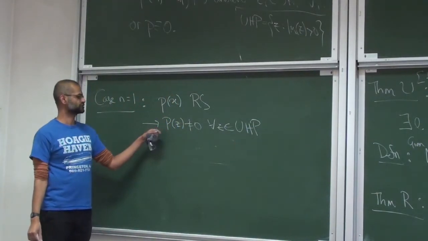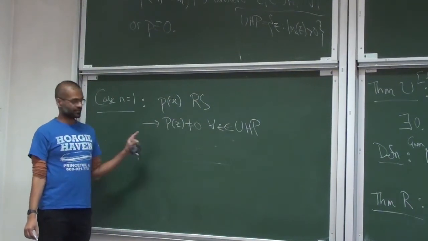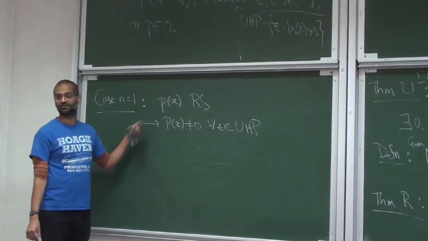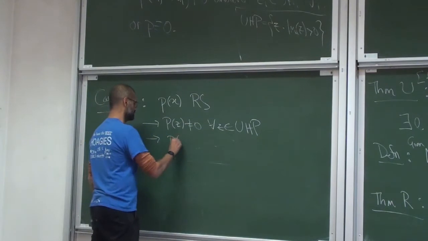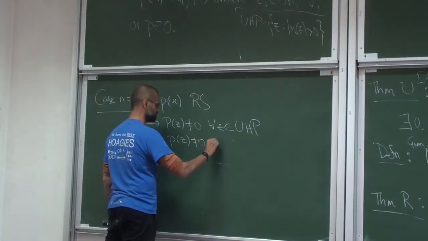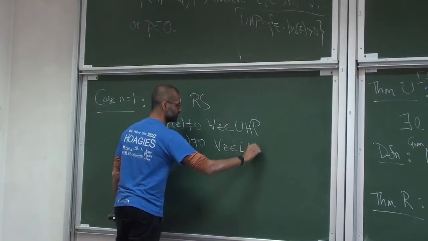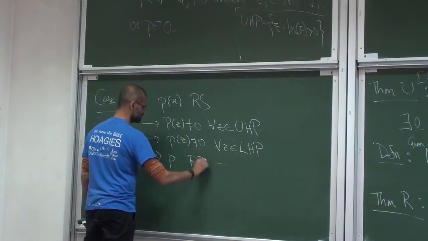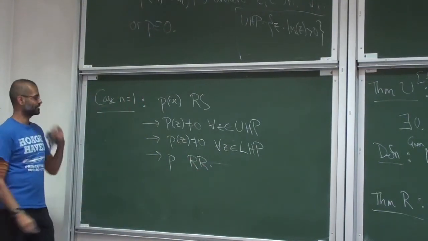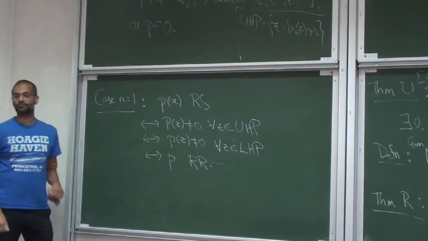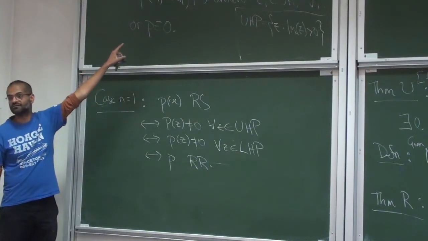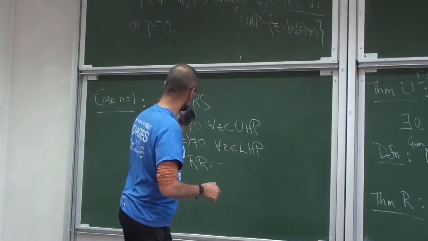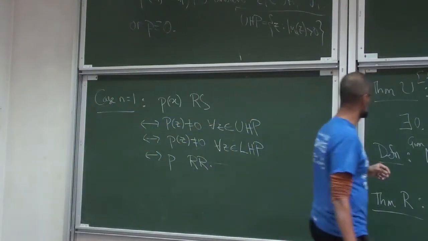So P has no roots in the strict upper half plane. But this is a real polynomial, that's important. So the roots appear in conjugate pairs. So this implies P has no roots in the open lower half plane, and then that implies P is real rooted. These are all equivalent. So that's why I needed the coefficients to be real. Okay, so the n equals 1 case is just real rootedness. Let's maybe look at some examples.